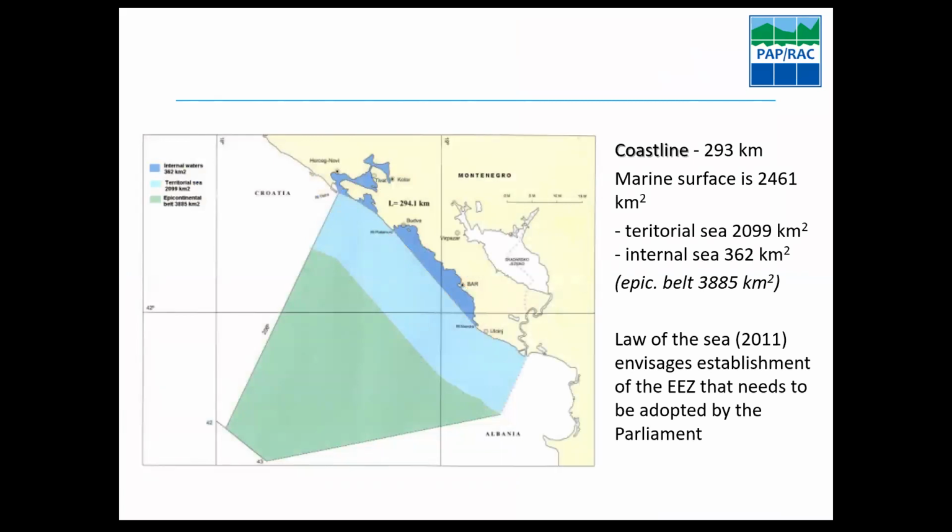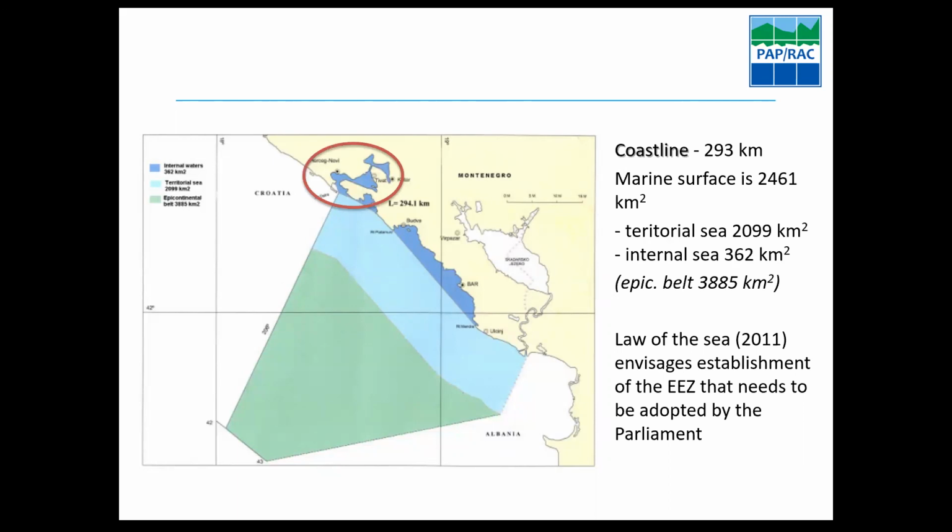It's relatively small, with a coastline of 300 kilometers and a marine surface of around 2,500 square kilometers, which relates only to the territorial sea and internal sea, these two blue colors. According to the national law of the sea, an EEZ can be established. However, it needs to go through the parliament, and it's not yet proclaimed.